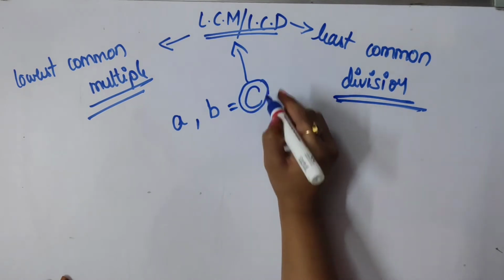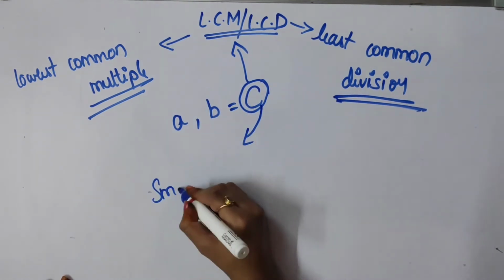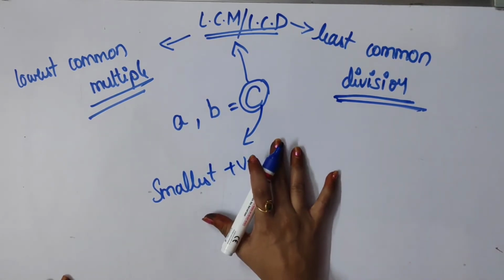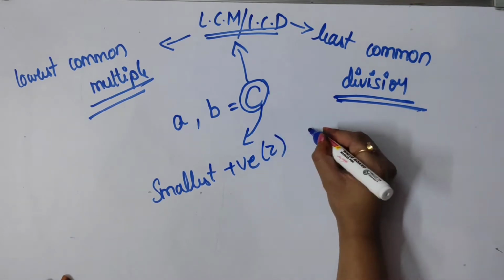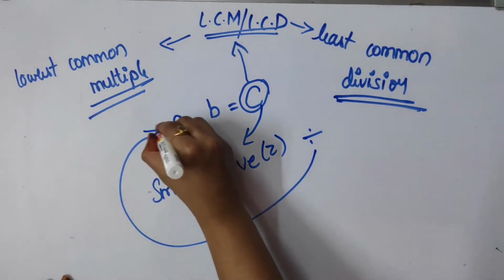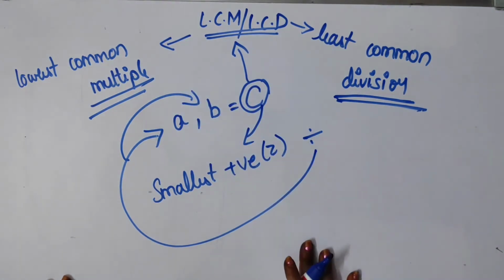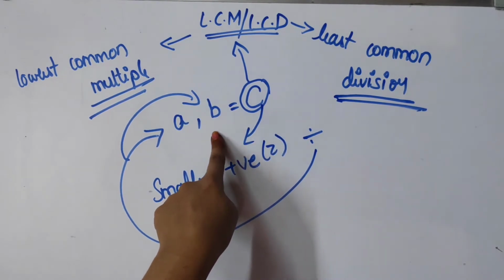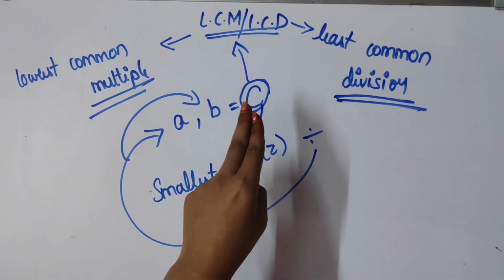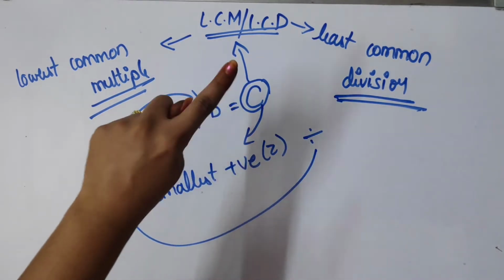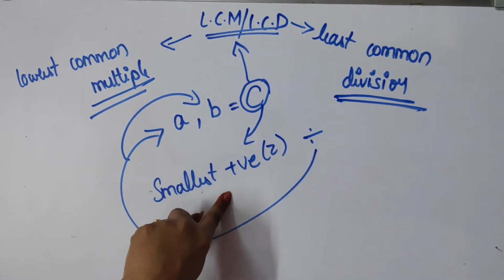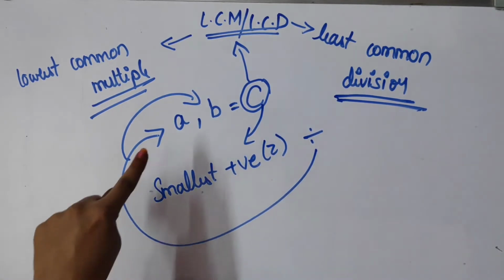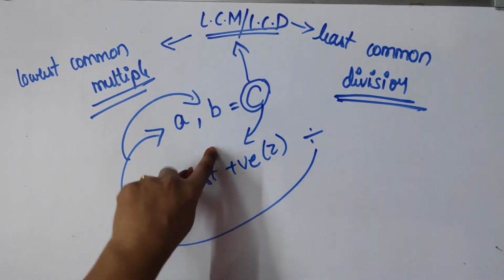Then this C is the smallest positive integer which is evenly divisible by both A and B. I'm repeating: let's imagine two numbers A and B, and the LCM of these two numbers is C. So this C is the smallest positive integer which is evenly divisible by both A as well as B.